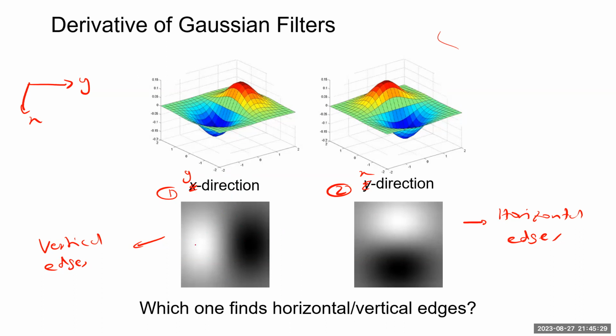Similarly here, the intensity variation happens from here to here, so the edge will be perpendicular. Okay, I hope that is clear.